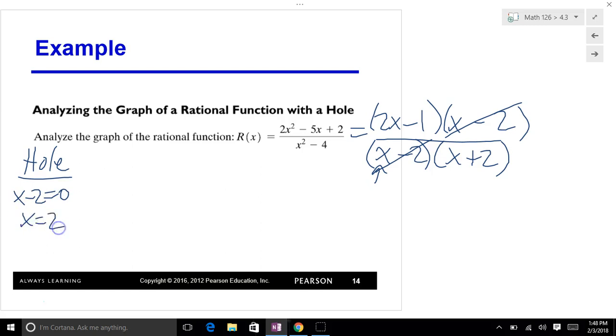But we have a hole, because what you want to think about here is you can't just cancel these, okay? We're simplifying this function into this function, which is a different function.